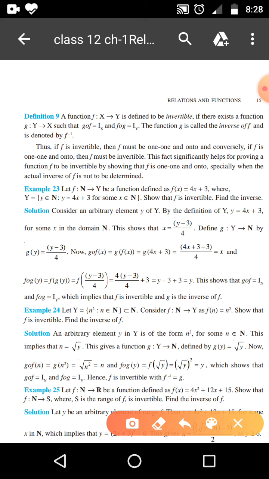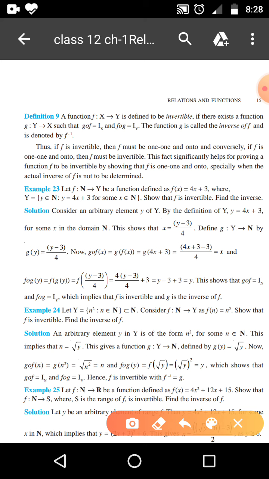So if we need to show a function is invertible, then we need to show f is 1-1 and onto. This theorem clearly states that if f is 1-1 and onto, then f must be invertible, and f must be 1-1 and onto if it is invertible. So there are two methods to prove that a given function is invertible and the inverse of the function exists. So first one is what?